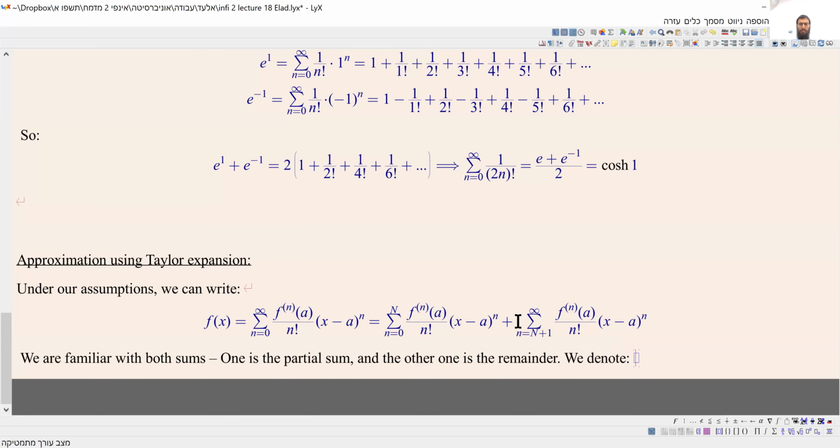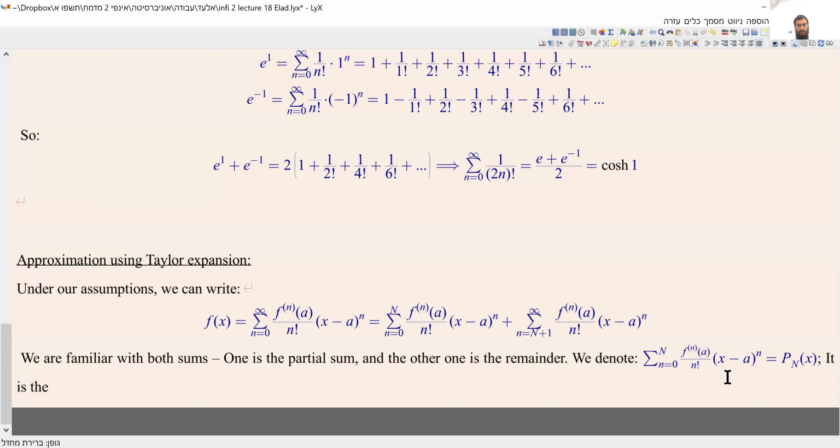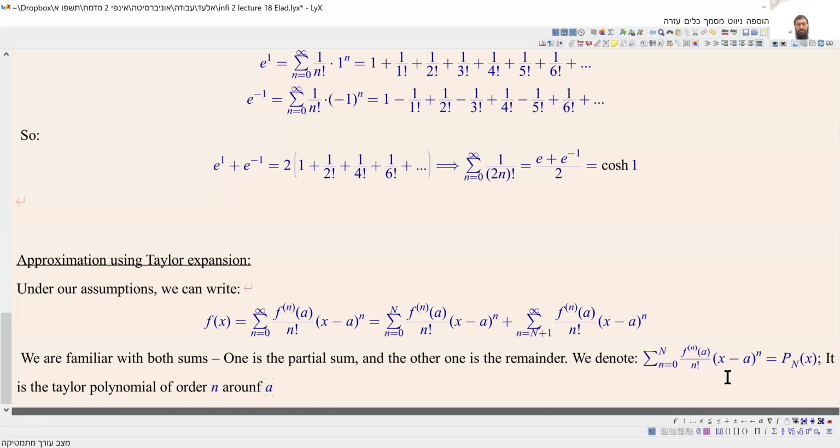We denote the partial sum with P_n(x), that's big P. It is the Taylor polynomial of order n around a of f.